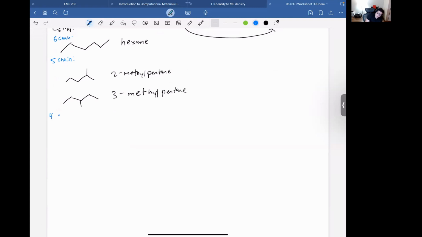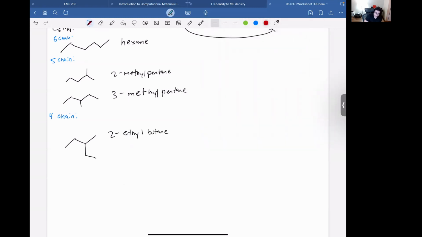Now we can move on to a 4-chain. So we have a butane parent chain. Now I have 2 carbons left over. So I can have an ethyl group. If you were to draw this and say, this is 2-ethylbutane, you would be wrong, right?